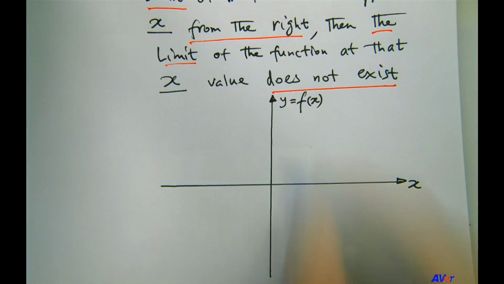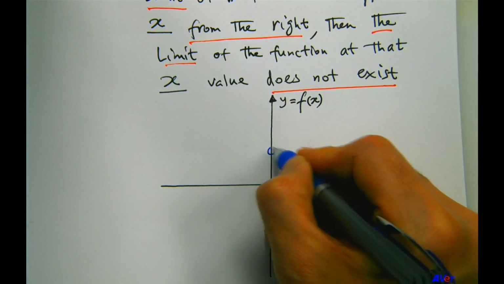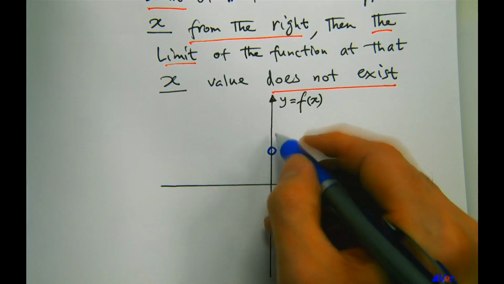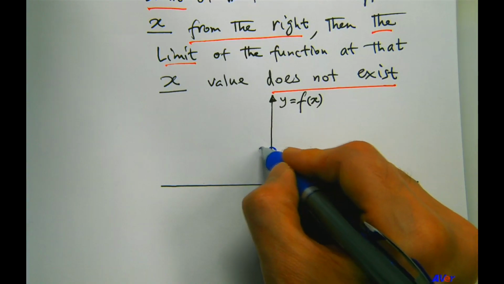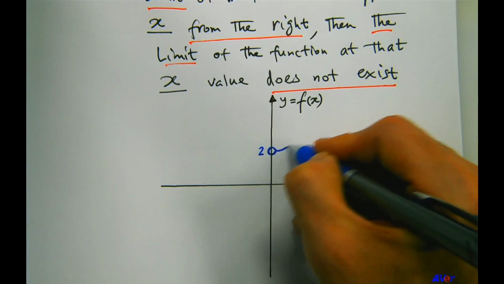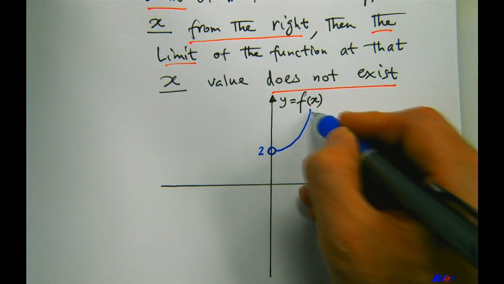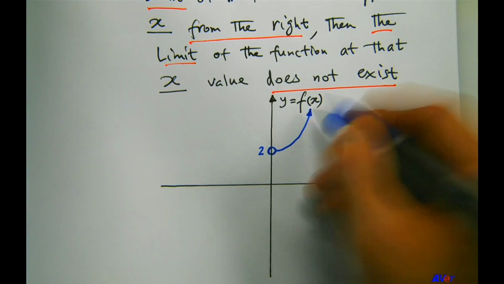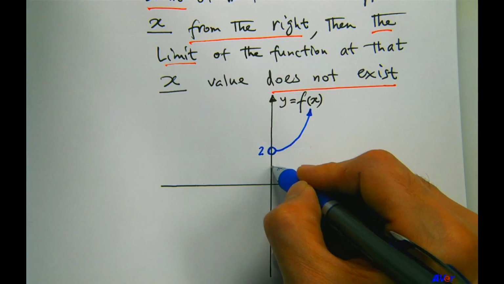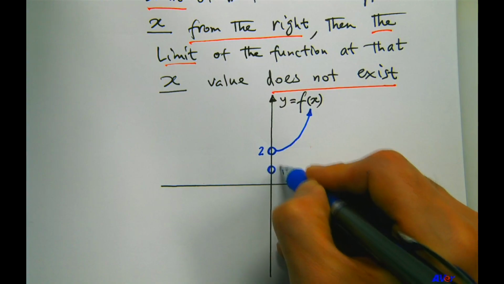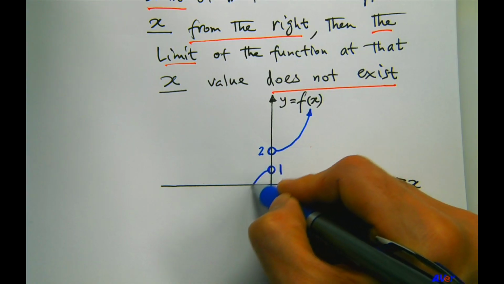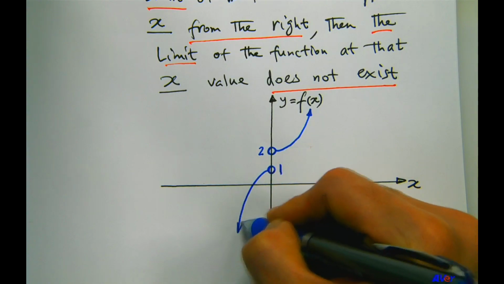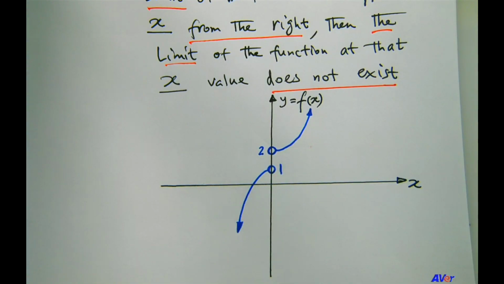So suppose we have this kind of situation, say if this is 2 and we have the graph moving that way, and at 1 we have the graph moving that way, right? Suppose this is the graph of a function that behaves this way.